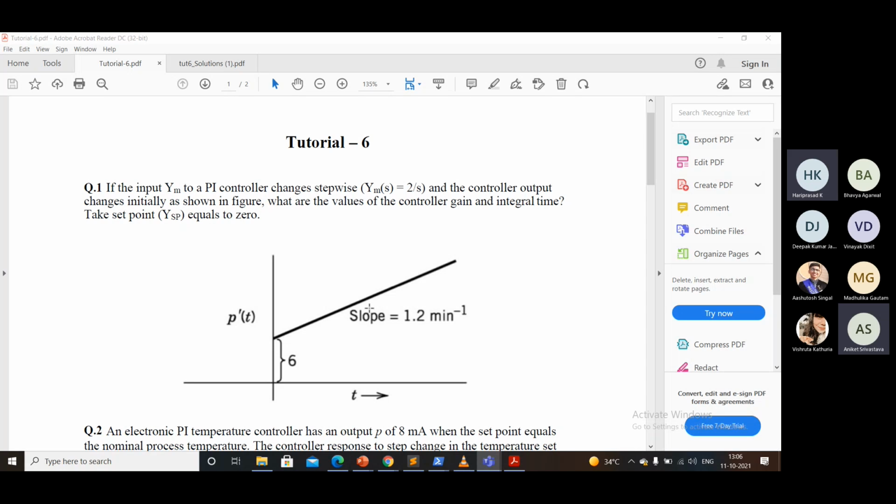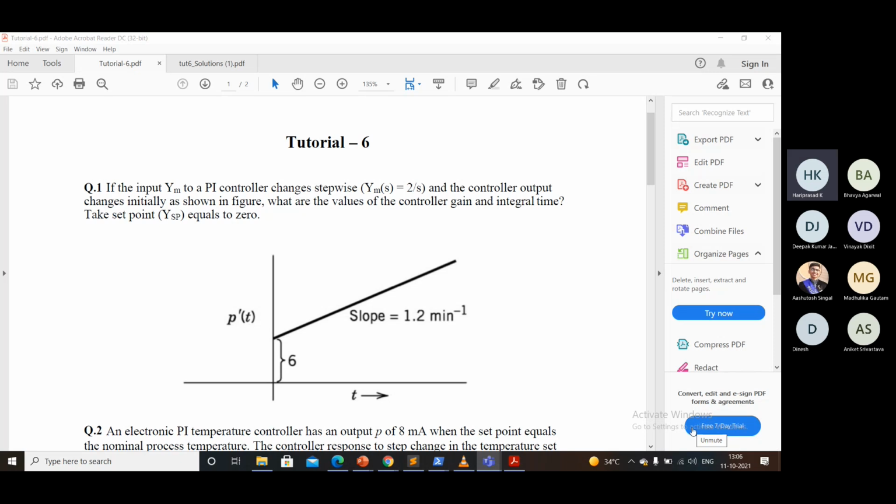So basically, you're given a profile of how the PI controller works, and a similar profile you would see in the notes too. This is a relatively straightforward question. You have been asked to figure out the controller transfer function, technically speaking the controller gain, which is the proportional gain, and the integral time, which you will have to compute by looking at the figure.